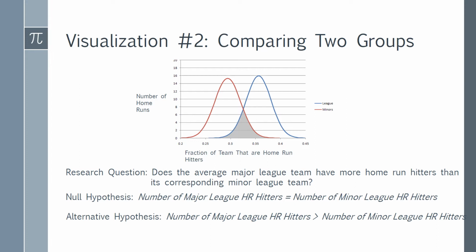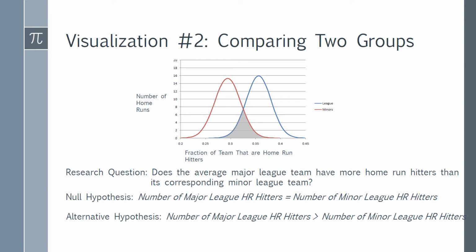So once again, looking at our hypothesis diagram here of our two bell curves, the number of home runs is listed on our y-axis, as to where the fraction of teams that are home run hitters is listed on our x-axis. Blue is represented on the actual diagram as the major league, as to where red is represented as the minor league.